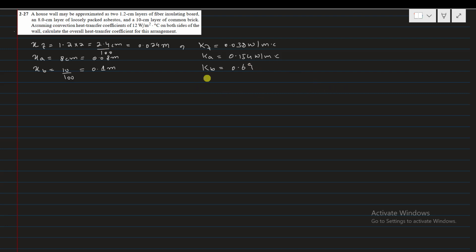And at both sides of the wall, that is H1 and H2, the convection heat transfer coefficient is 12 watt per meter square.